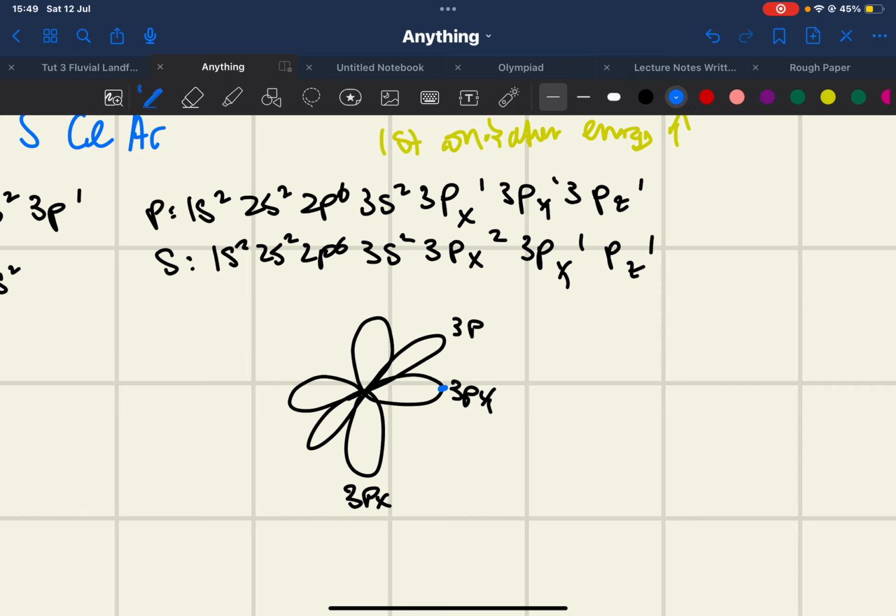Sorry, this shall be Z. Z also has 1 electron. Okay, these two are orbitals. Orbitals basically is an area where there's a higher chance of you finding an electron moving around it. So 3px, there's 2 electrons, so it's an electron pair. By the way, each of these only can contain one pair of electrons, basically 2 electrons. So 3px is already full, it's already filled.